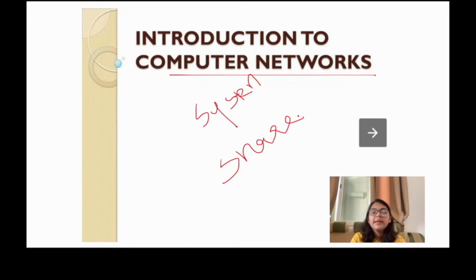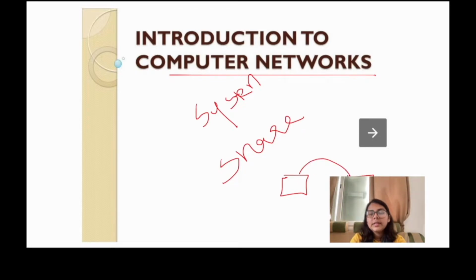So the main purpose of using a computer network is sharing our data or resources through a network. The integration of computers and other devices allows users to communicate more easily. So one user can easily communicate with another with the help of a computer network.